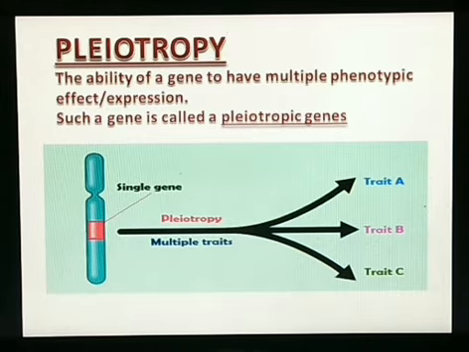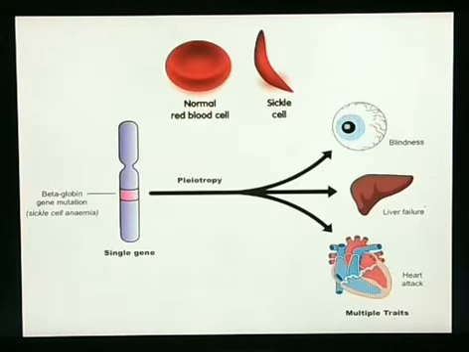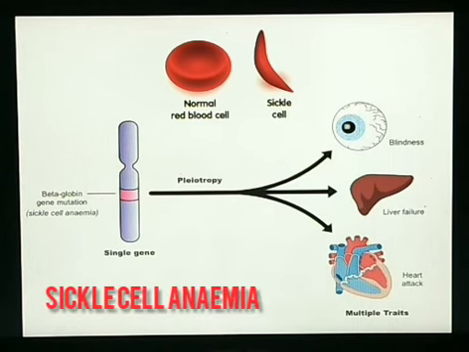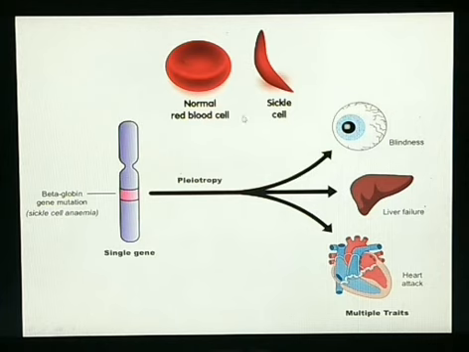Since here many traits are expressed by a single gene, such a pattern of inheritance is also called qualitative inheritance. One example is sickle cell anemia, an autosomal recessive disease caused by a mutation in a gene called beta globin.